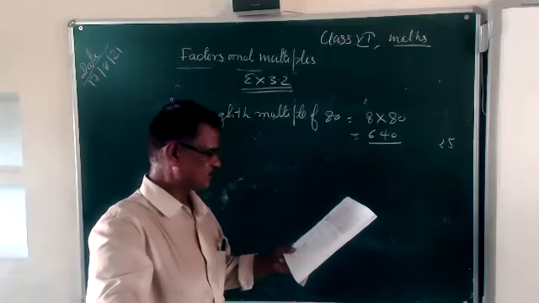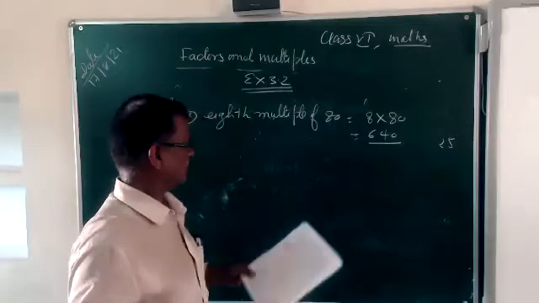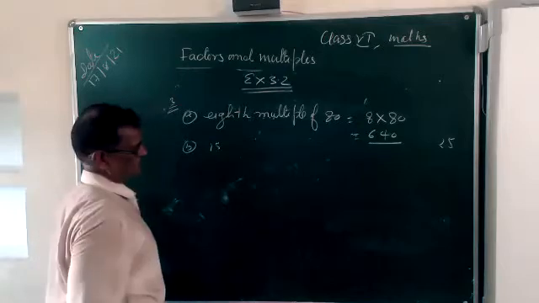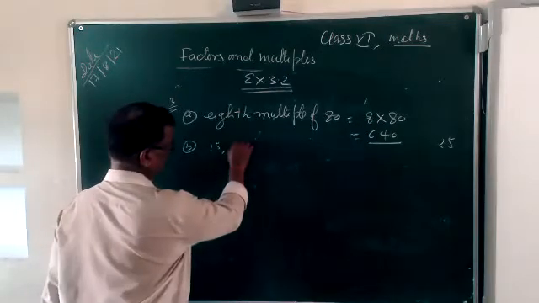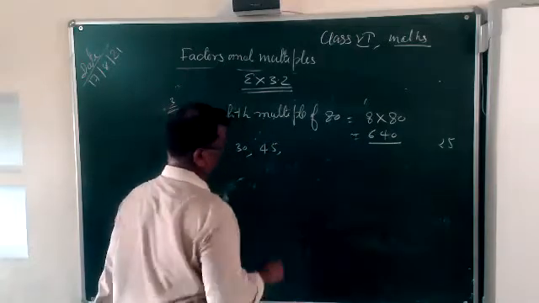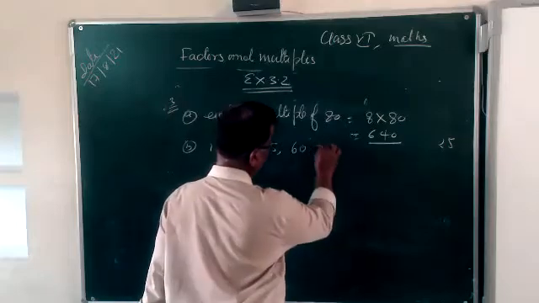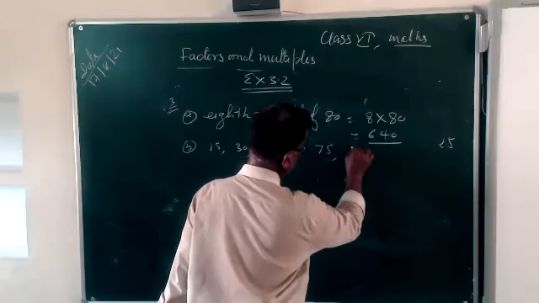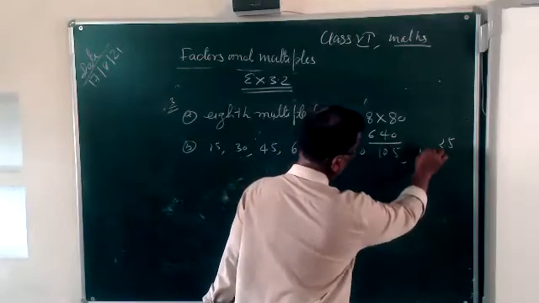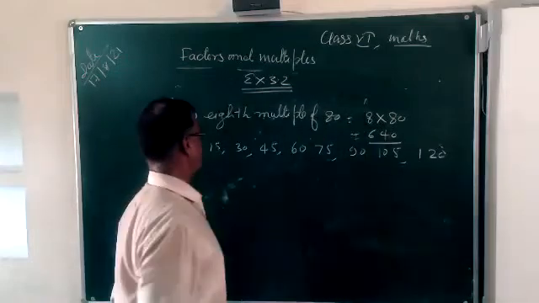And now second asking, find the multiples of 15 between 35 and 85. Then read the 15 table: 15, 30, 45, 60, 75, 90, 105, 120, like this. Write the multiples of 15.